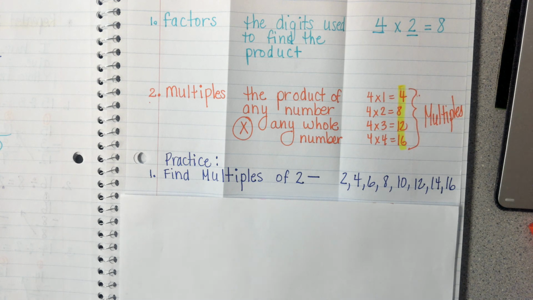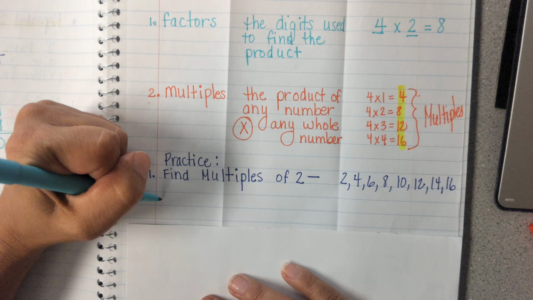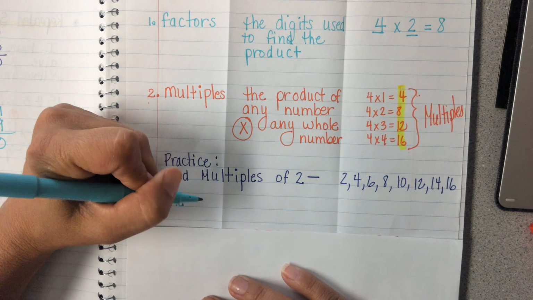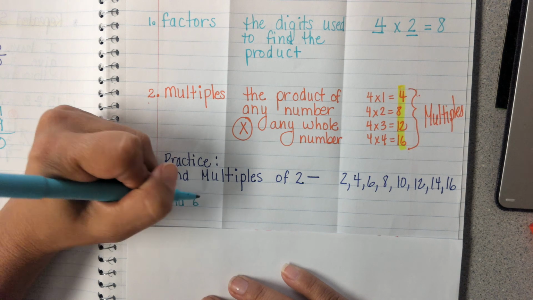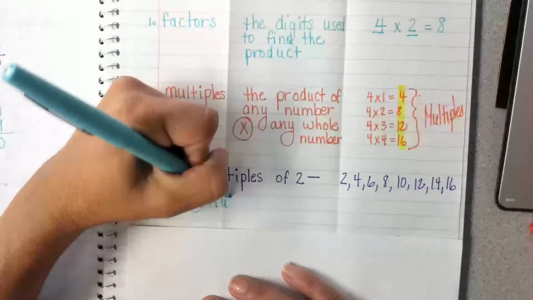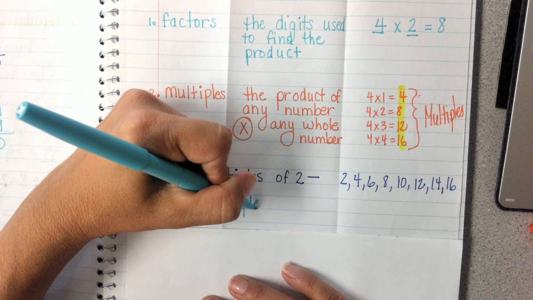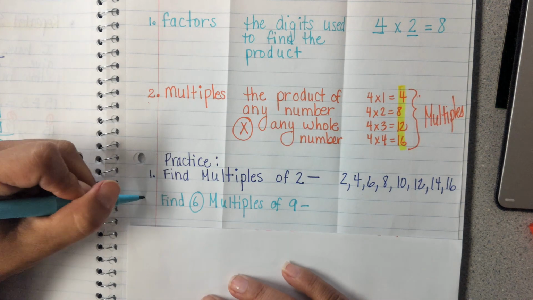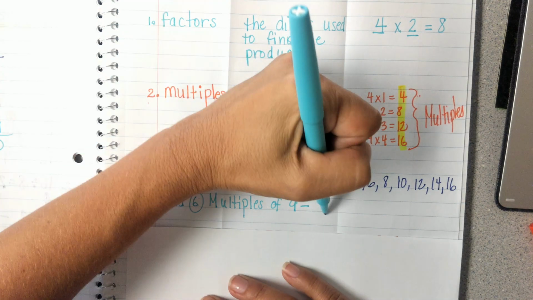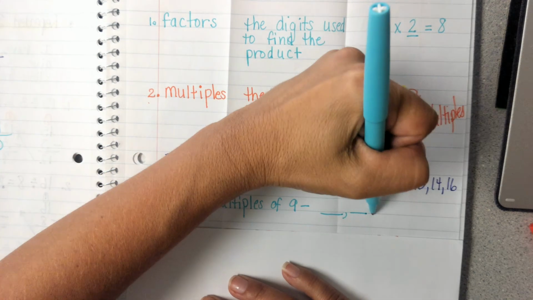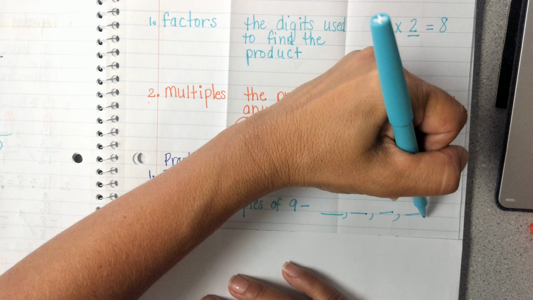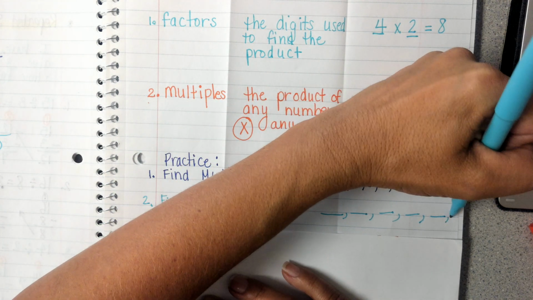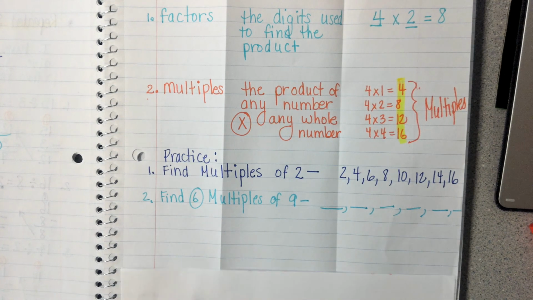Okay, now that you saw an example, you can try this one. I'm going to give you a number: find 6 multiples of 9, and list them here. 1, 2, 3, 4, 5. Oh my gosh, there. You'll fit it in.